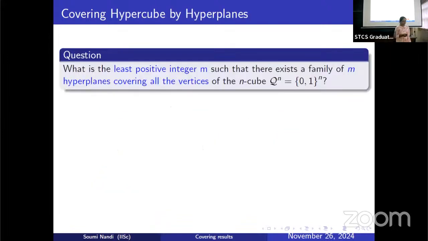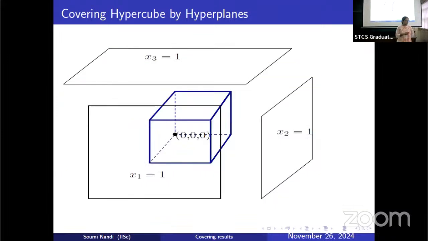But now, suppose we ask the question with a slight twist. Instead of covering all the corner points, now we want to cover all the corner points except one.